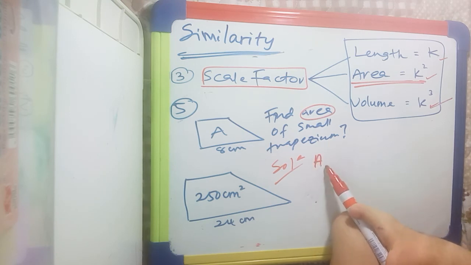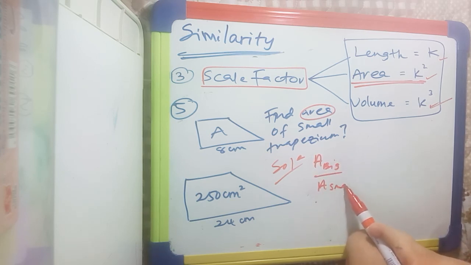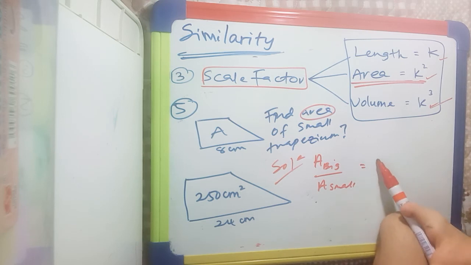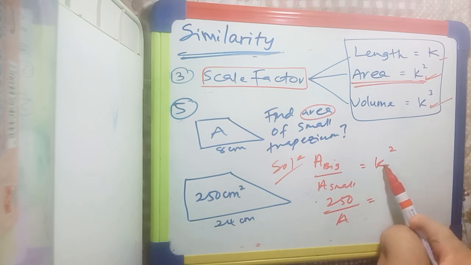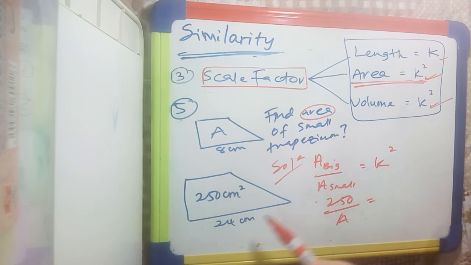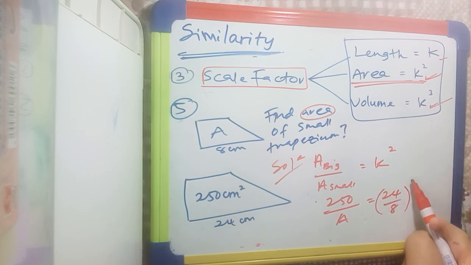So the area of big divided by the area of the small is equal to K power 2. Where do I get this one from? From here. What is the area of the big? 250. What is the area of the small? A. Then equal to, what is K? How to get K? 24 divided by 8. But don't forget the whole thing, we must put square.